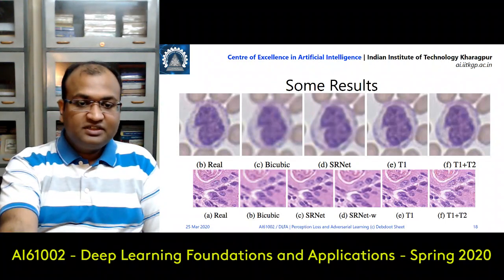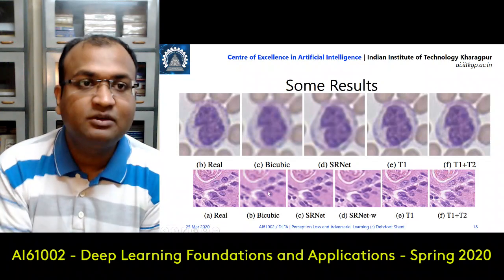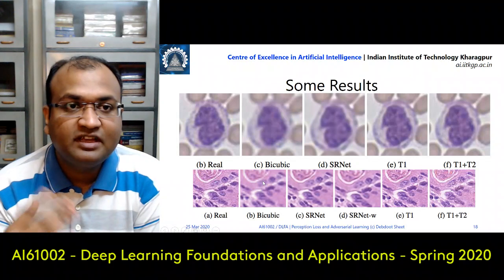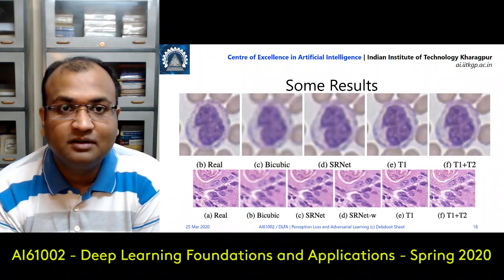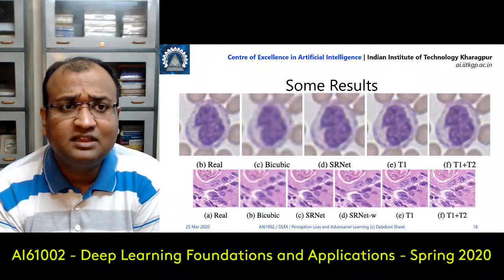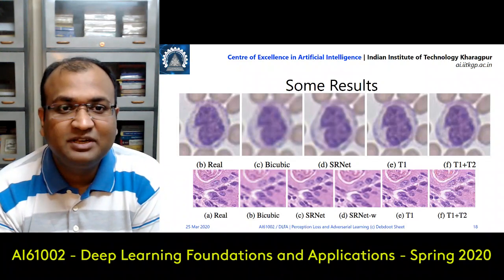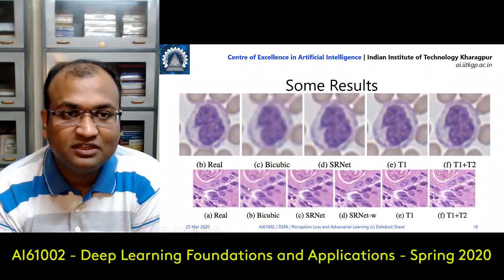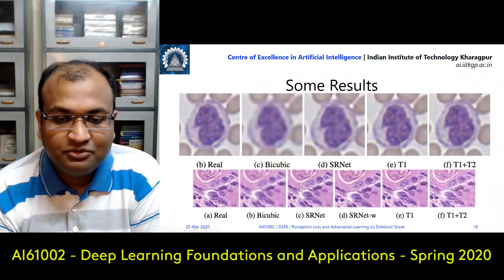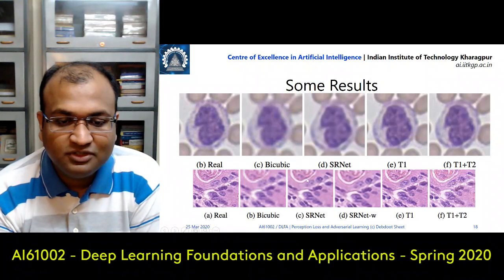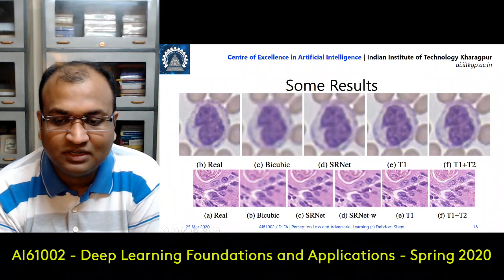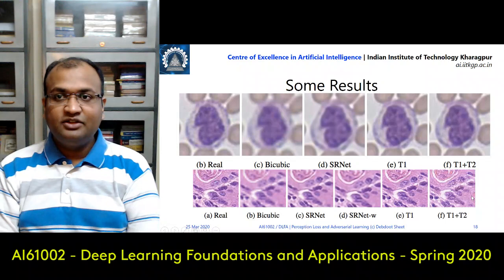Now if you are doing some sort of bicubic interpolation, it comes to you almost as if it has been wiped off, or somebody has done a water painting and then you spilled water on top of it. Everything becomes hazy. This is what you can associate with loss of resolution. Now if you go to the super resolution one, you would see it does not really help in restoring those granular details which you had in the real one. But if you go towards T1 and T2, they are using this one Turing test or both the Turing tests.